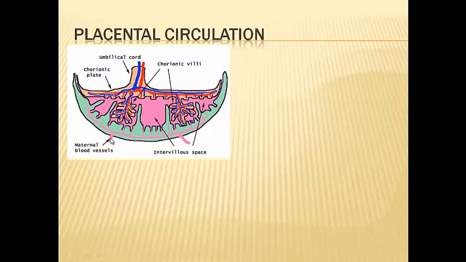You can see how the maternal blood vessels are connected to the intervillous space, so any blood that flows through the maternal vessels will eventually pass through here and into the intervillous space. And on the other side, you've got the blood coming from the fetus through the umbilical artery and then into the villi, so that diffusion can happen between the fetal blood and the maternal blood.